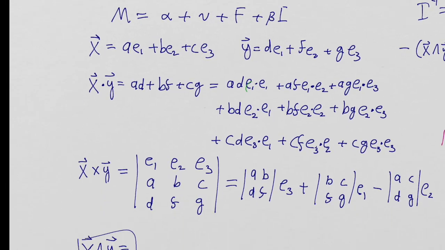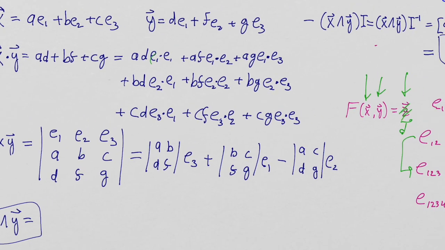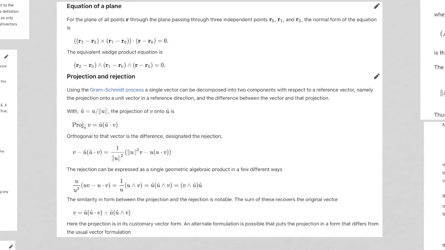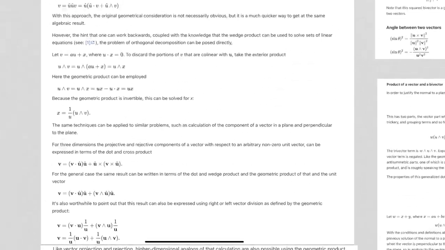Okay, so that allows us, we've made contact with our vector algebra dot product, our vector algebra cross product. So what else? The notion of linking vector algebra to geometric algebra is a big topic, and I think I'll find inspiration from this Wikipedia article, which goes through many of these different topics of comparison.